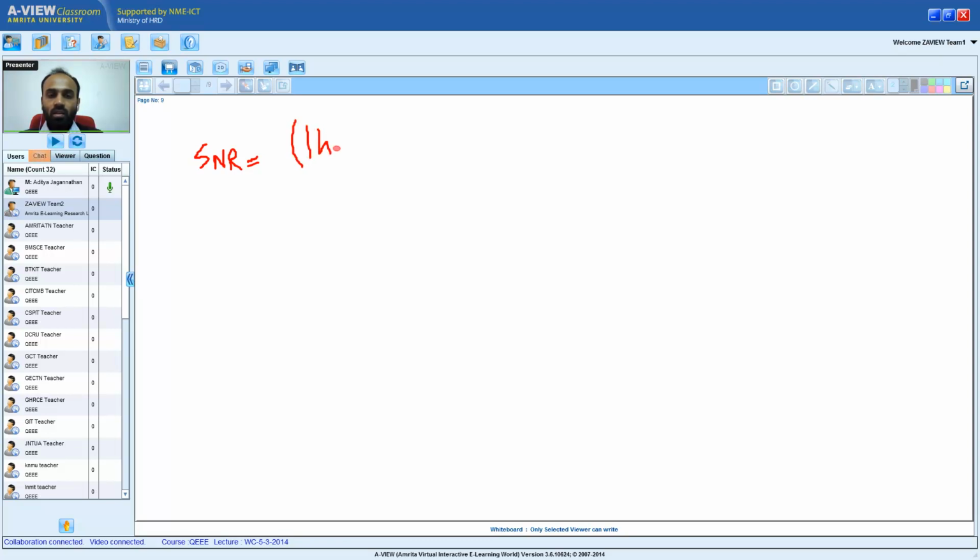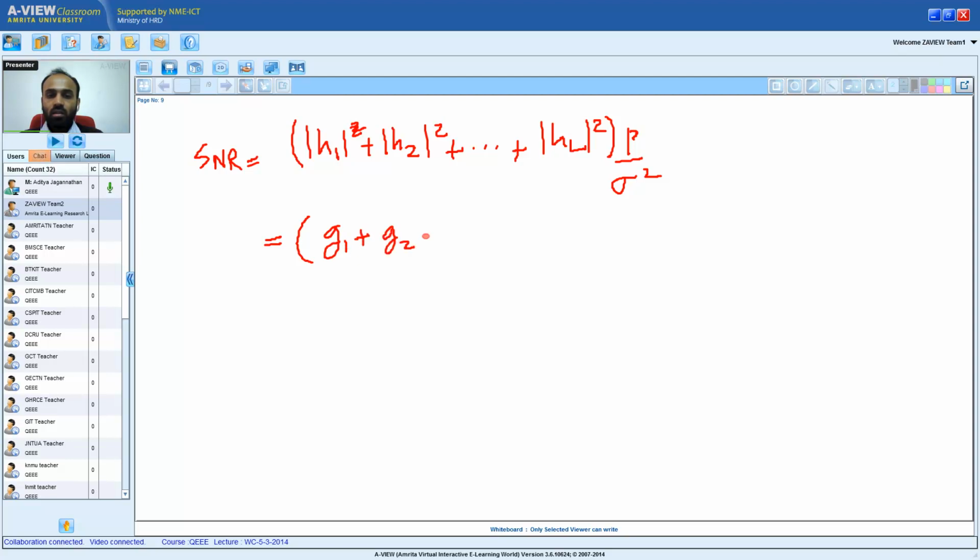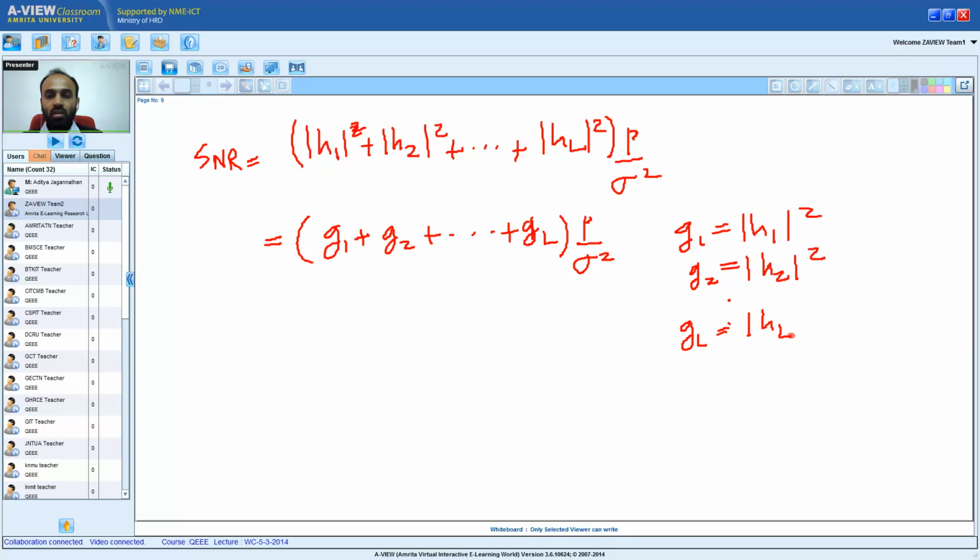Everyone can see this norm H square is nothing but magnitude H1 square plus magnitude H2 square plus so on, magnitude HL square, times P divided by sigma square, equals G1 plus G2 plus GL into P divided by sigma square, where G1 equals magnitude H1 square, G2 equals magnitude H2 square, GL equals magnitude HL square.